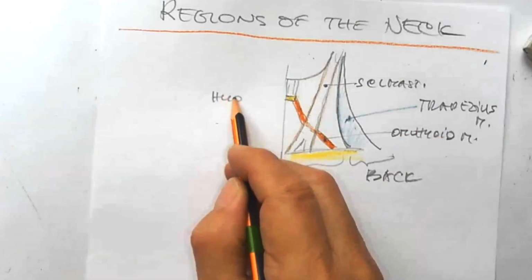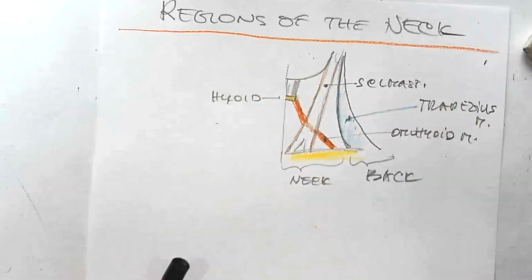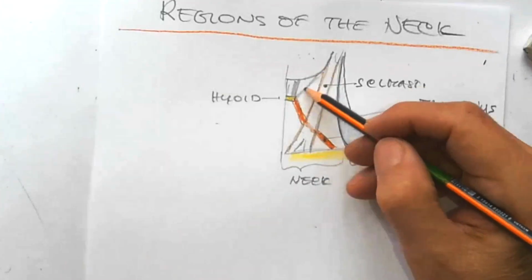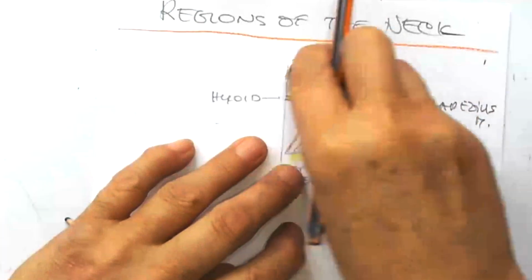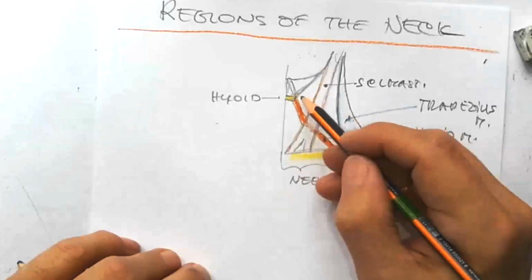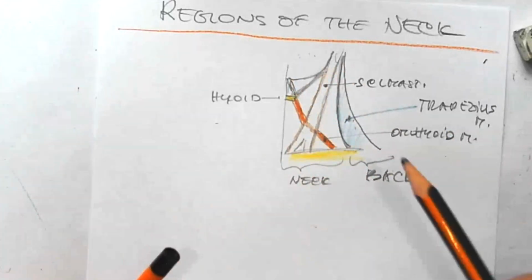Here is the hyoid, correct, and then digastric, sufficient, and the trigons. Then the trigons, it must be oblique in position. It's not bad, but better is to draw it like that. Okay, oblique. Anterior belly, posterior belly, so we see the trigons.